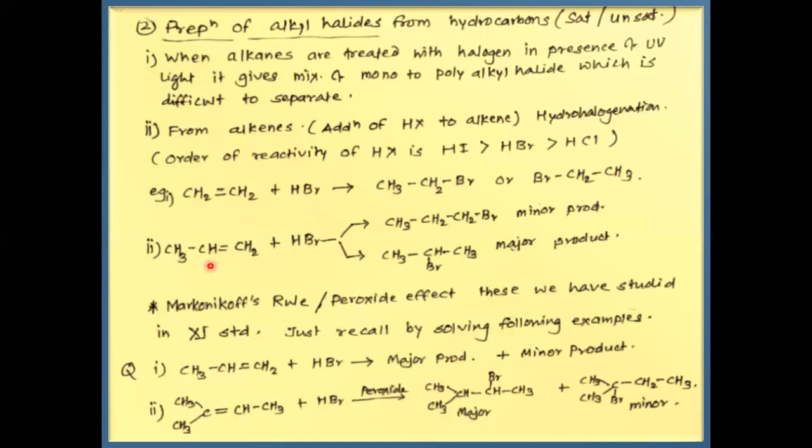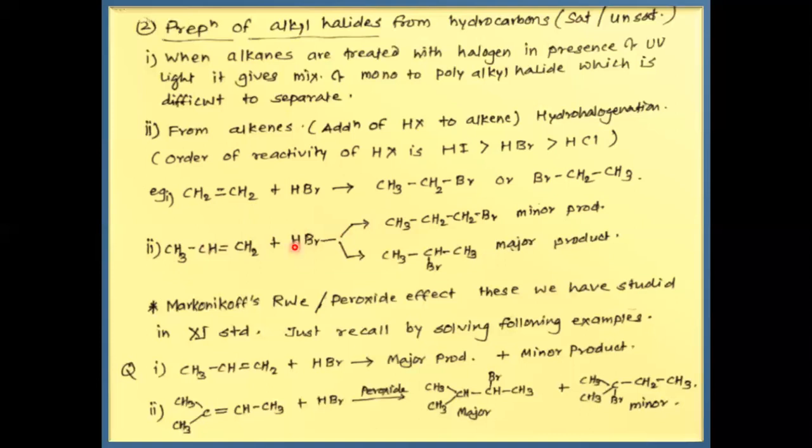Another example is propene, prop-1-ene plus HBr. Now here this alkene is unsymmetrical. The reagent is also unsymmetrical. Here there is a possibility of getting these two products.